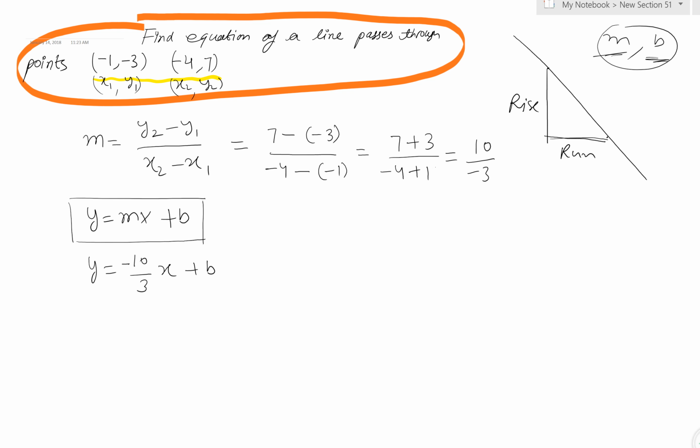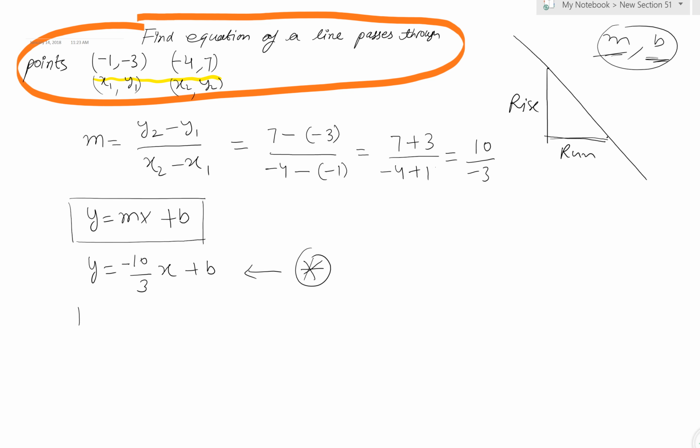In order to find b, you're going to use one of the points in the equation. Because these 2 points lie on the line, they must satisfy the equation of a line. So now I name it star. This is the equation's name. You can call it whatever you want, A, B, C, D, but I call it star.